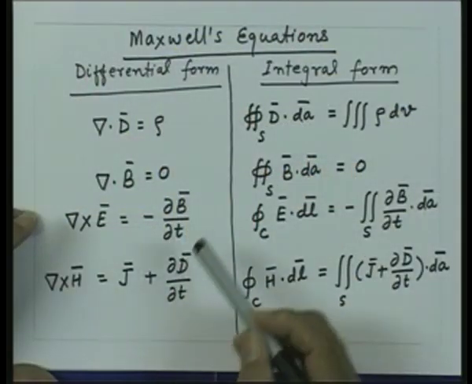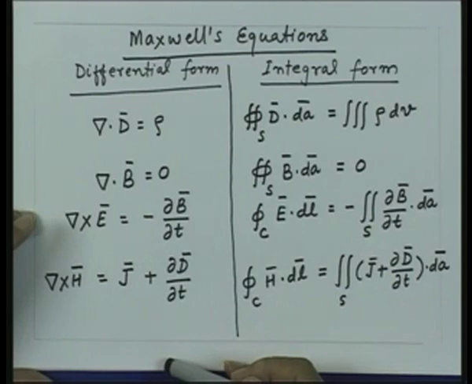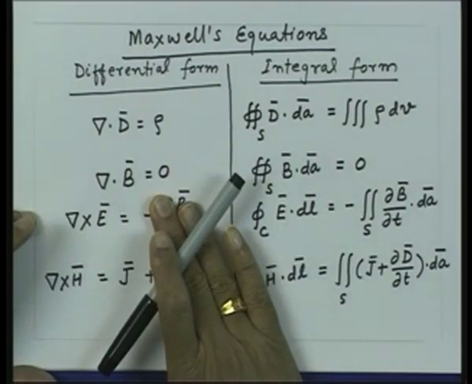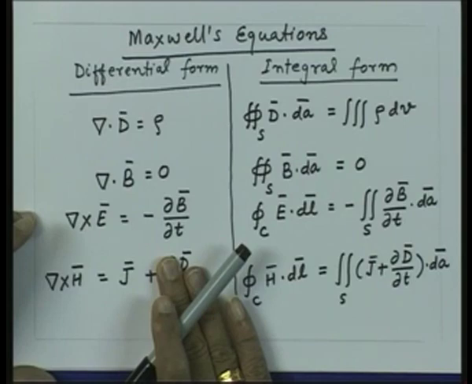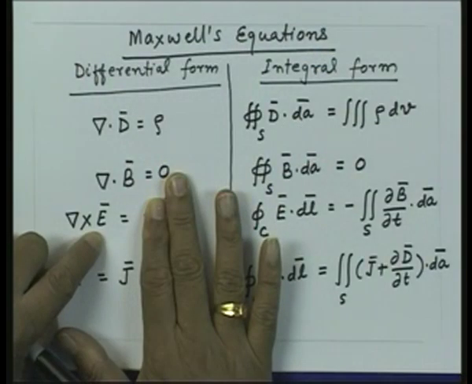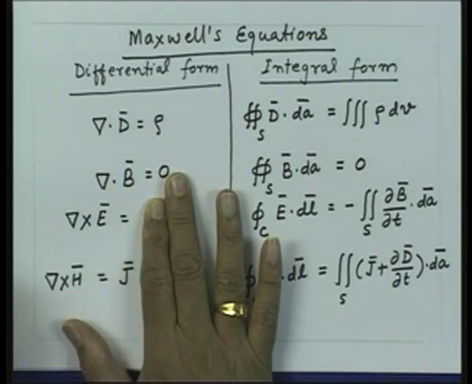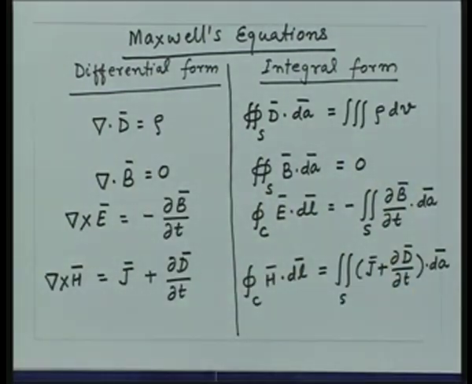And also, as we said, if we are talking about the static fields, then the time derivative should be put identically to 0. So, this quantity will be 0 for the static fields. So, the curl of the electric field will always be equal to 0. We will see depending upon application later on that we may put this quantity equal to 0 if we are dealing with the static fields. However, in this particular course, which is on electromagnetic waves, we are dealing with quantities which are time varying.